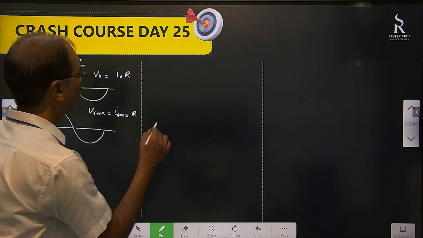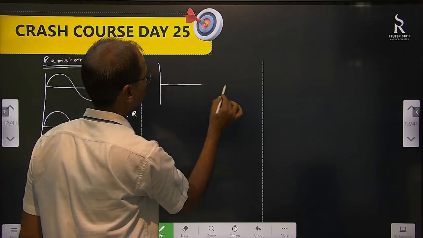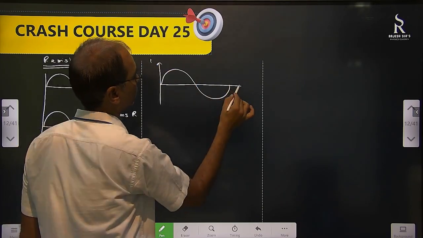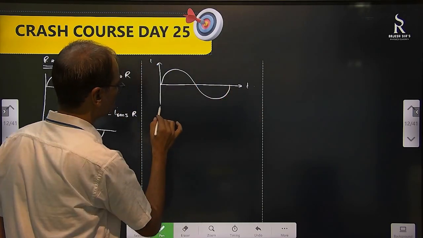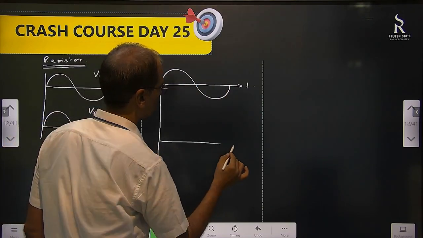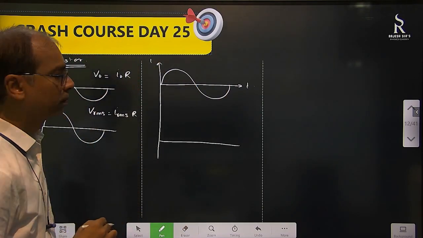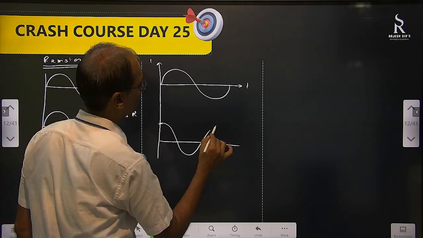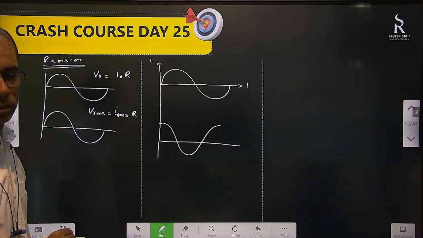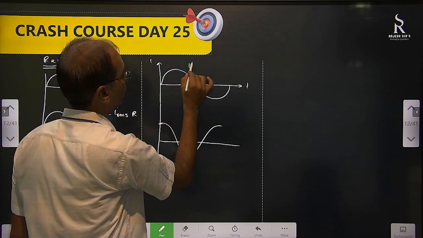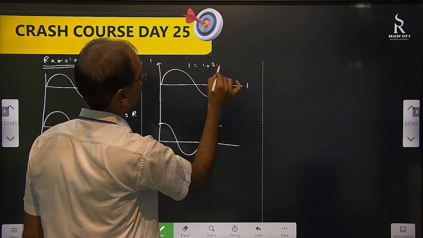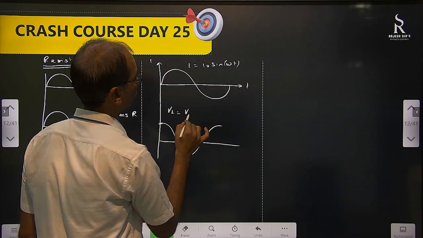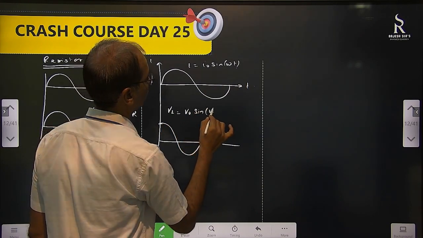In the inductor's case, what will happen? In the same way, now this is current, this is I. Now what happens for the potential here? We say potential leads, so the potential will start from here, like this. I equal to I naught sine omega t and VL equal to V naught sine omega t plus pi by 2.